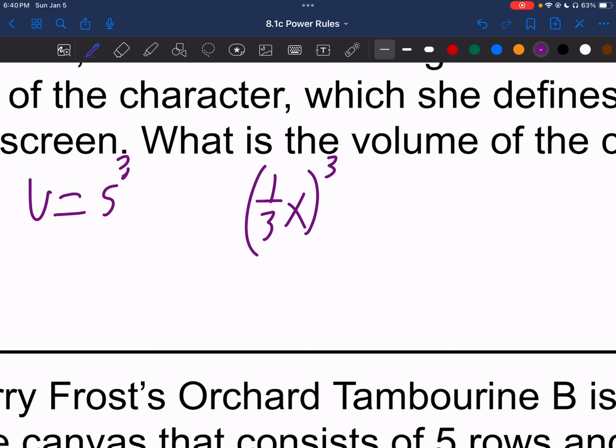And so when you do that, we have to distribute the 3 to the 1/3 and to the x, so we have 1/3, and we're going to keep the parentheses there, to the third power, x to the third power. And when you multiply 1/3 times 1/3 times 1/3, you get 1/512.